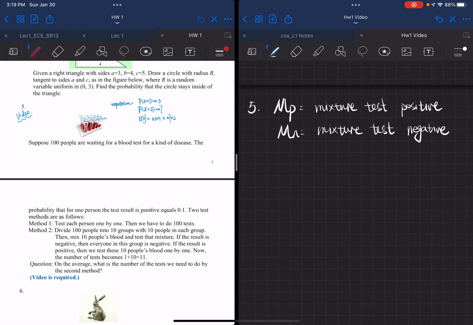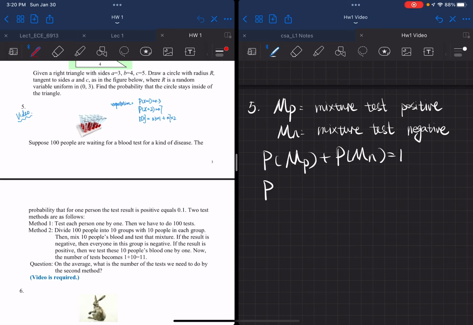As we know that MP and Mn are counterparts of each other, so we have P(MP) plus P(Mn) equals 1. And if the mixture test result is negative, then each person's blood in this mixture must be negative.